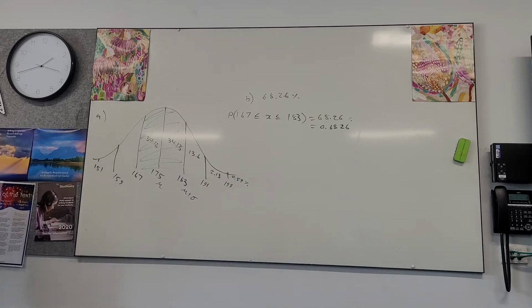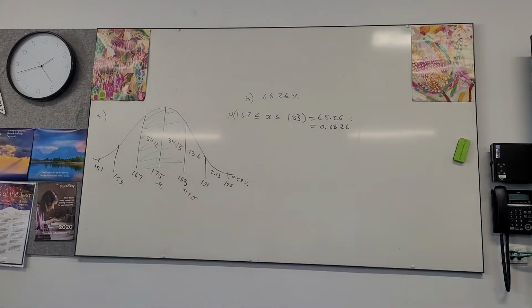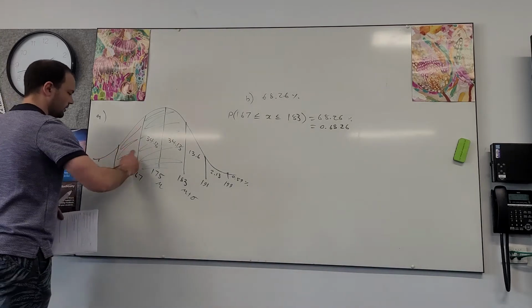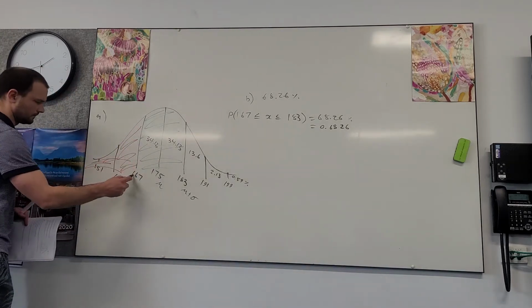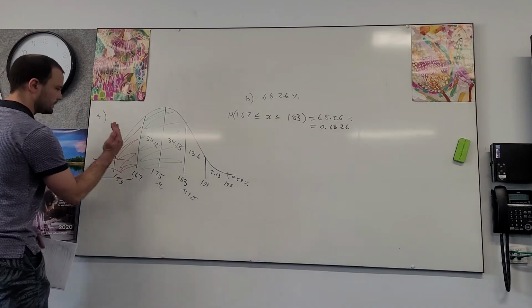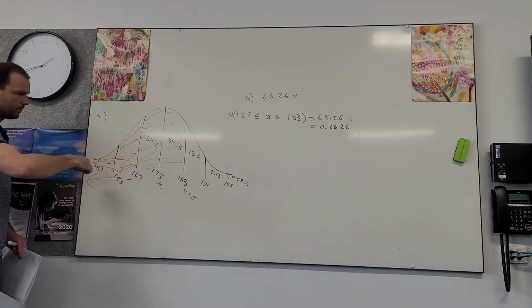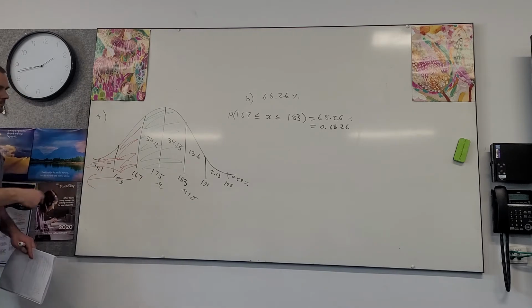Okay, part B2, less than 167 centimetres. So now it's anything below 167. What's the probability of this event here? All of those probabilities added together. So we're just going to add up 13.6% plus 2.13% plus 0.59%.